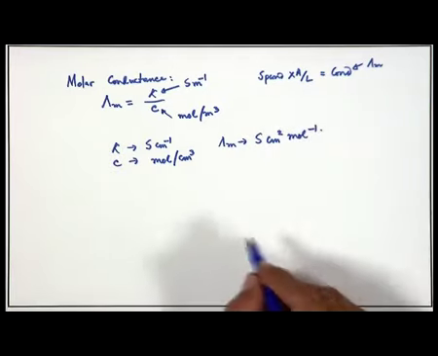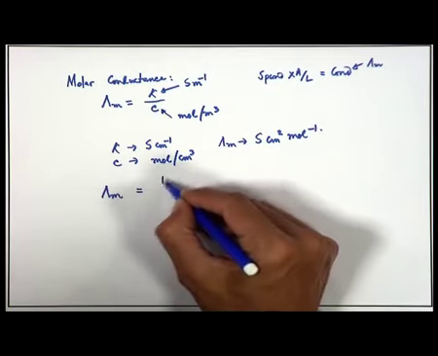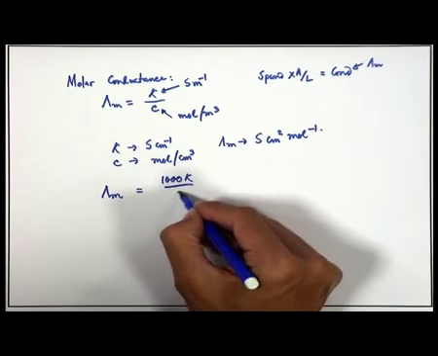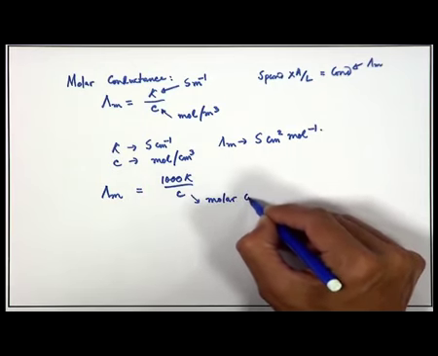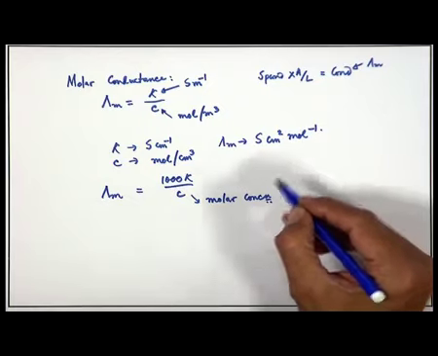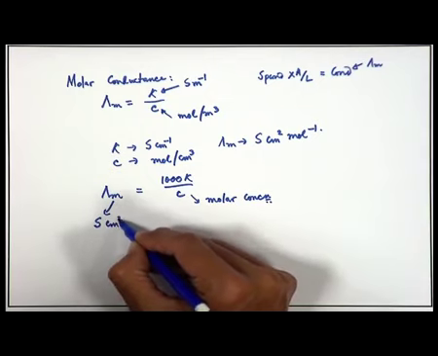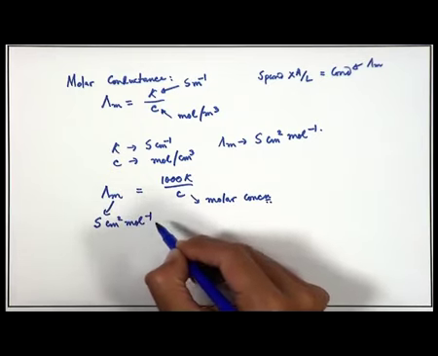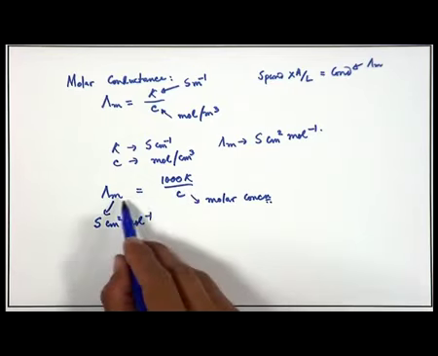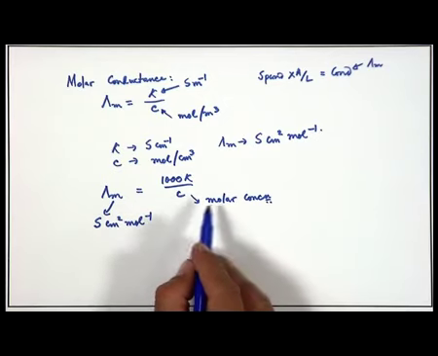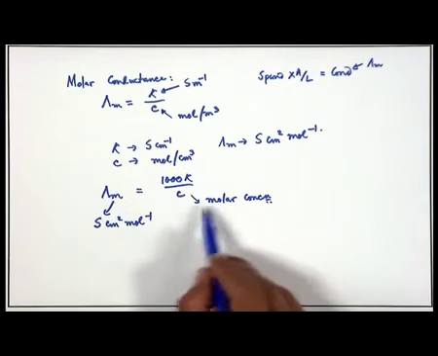Occasionally lambda m is expressed as 1000 kappa by C, where C is the molar concentration, and lambda m is in Siemens centimeter square mole inverse. Make sure that you adhere to certain restrictions with respect to the usage of concentration unit.